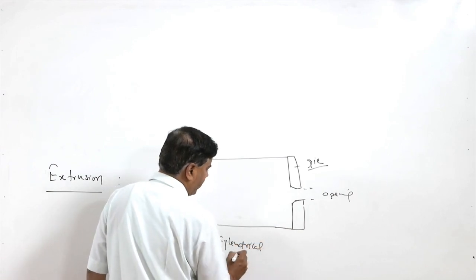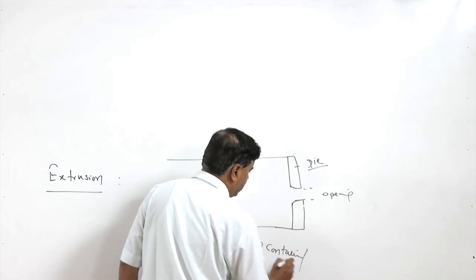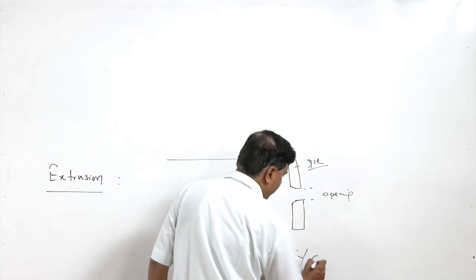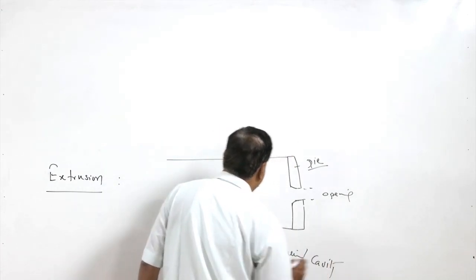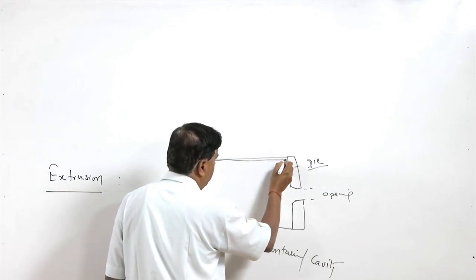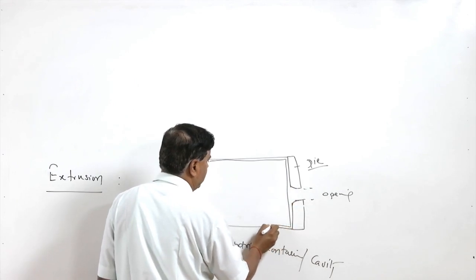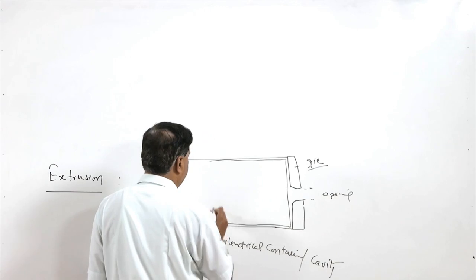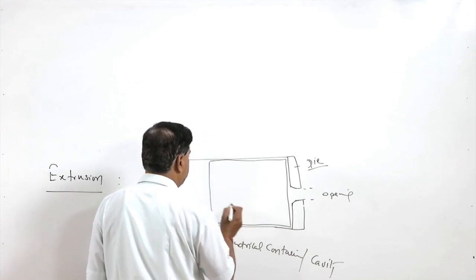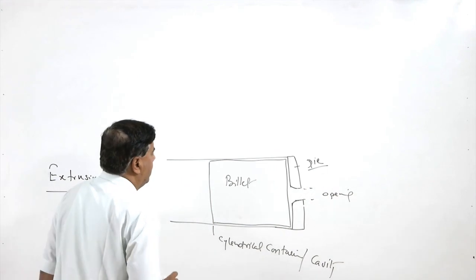And this is a cylindrical container, or you can say cavity. In this cavity we put the hot metal or the stock or the billet which is to be processed.